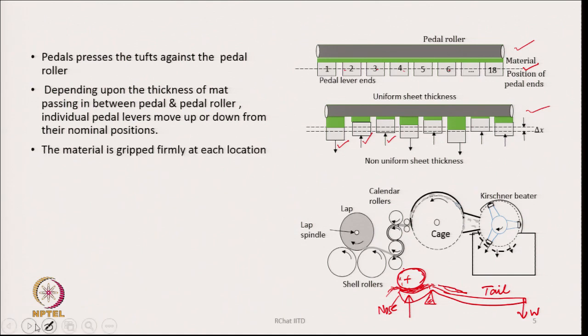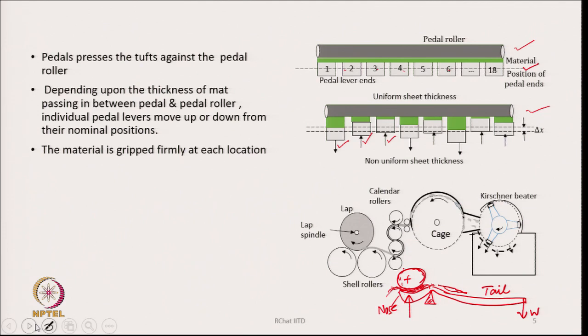We will discuss that. Because of the pedal arrangement, one advantage that we get is that the material is gripped firmly at each location. So, if you have 18 pedals, the material is gripped at 18 different locations, and at each and every location it is gripped with a force which is quite strong.